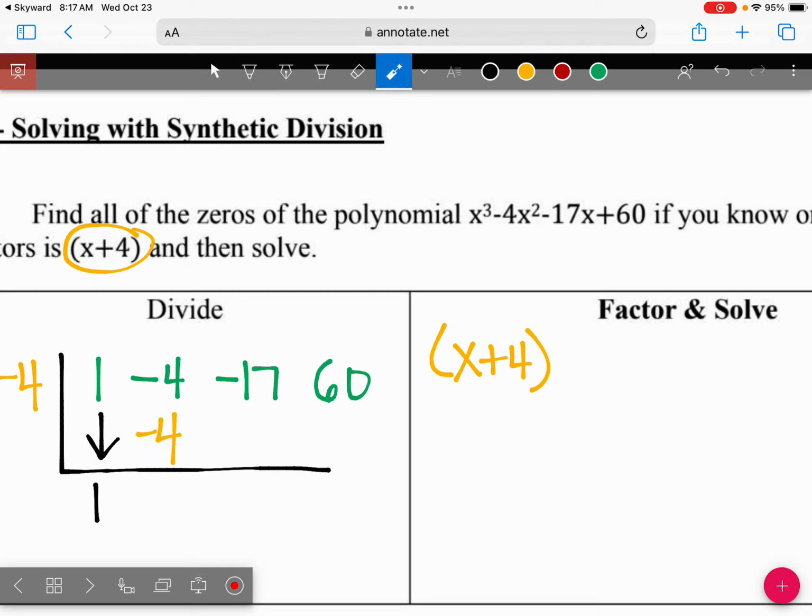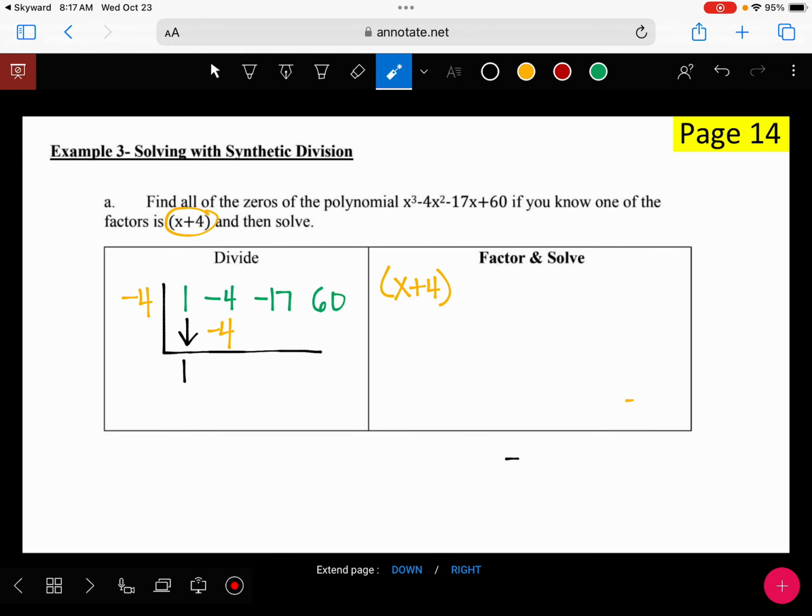Pick up your calculator and add these two numbers together. When you add them together, you get -8. And then you take the -8 and multiply it by -4. -8 times -4 is +32.